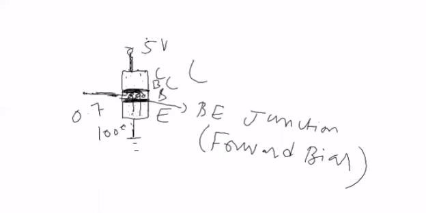Most of the electrons are collected by the collector, because there is a reverse voltage. We have given this collector region a reverse battery, reverse voltage. So the reverse voltage will collect these electrons.